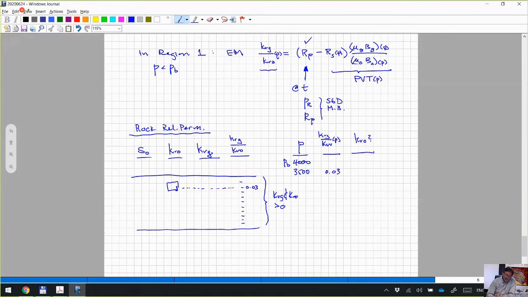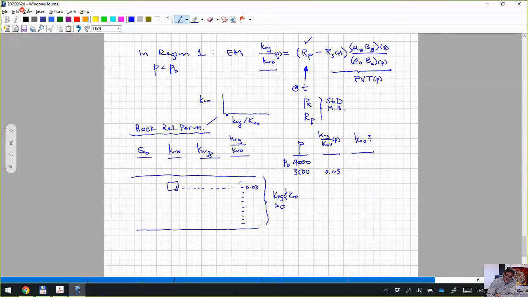So we transform, and they actually show figures. They don't show figures of saturation versus relative permeability. They actually show figures giving KRO as a function of the KRG over KRO ratio.